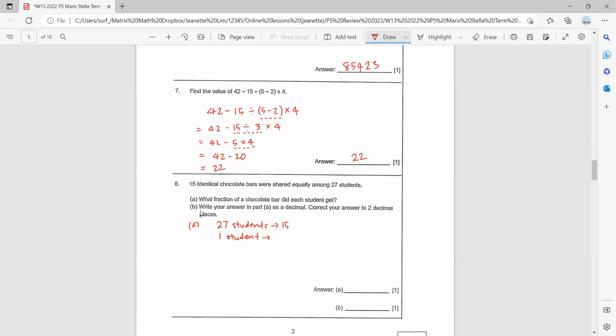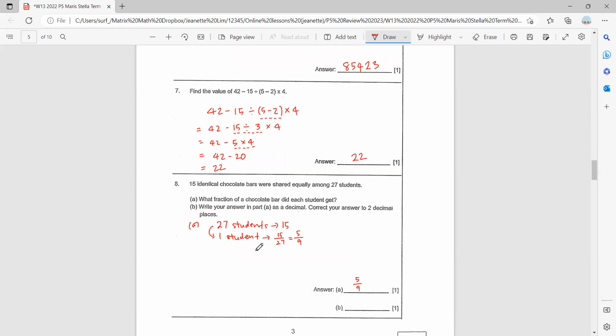So one student will get, I will have to divide by 27. So 15 over 27. Simplify this, divide by 3, I will get 5 over 9. So this is what each student will get.